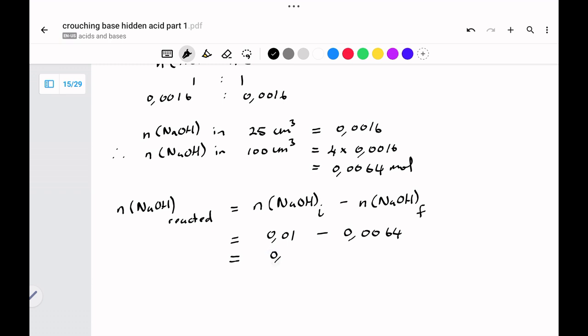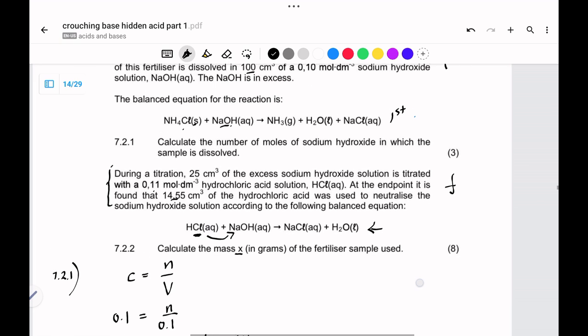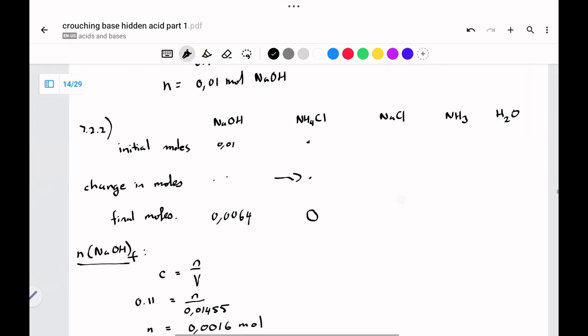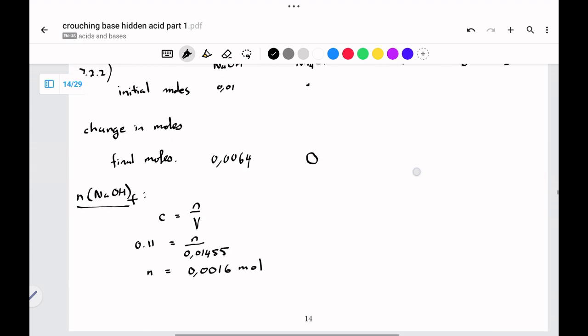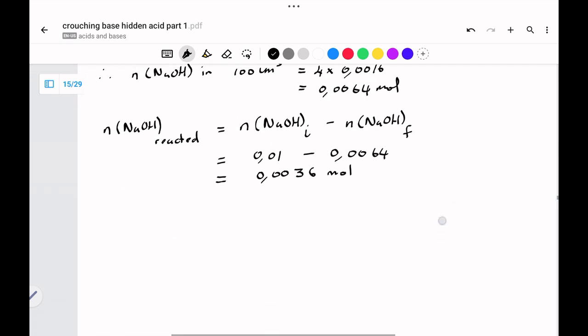I get this. Okay, so this is the moles of sodium hydroxide that reacted in the primary reaction, which was this one here. We now mole ratio to the ammonium chloride. Actually, let's write this in here. Again, I don't expect you to write out this table. We're going to prove this.